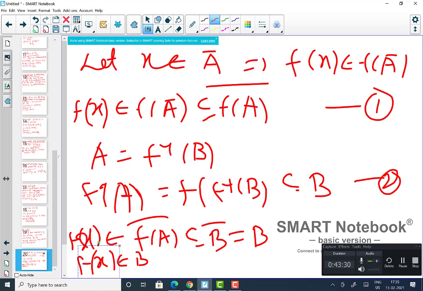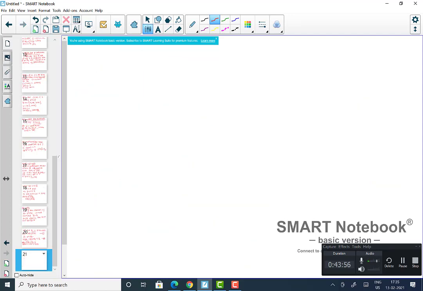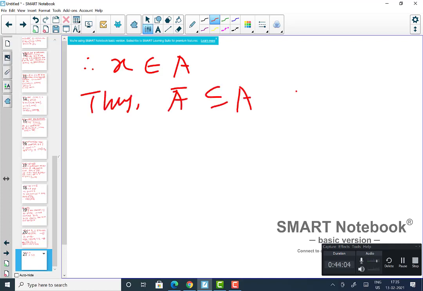Now f of X belongs to B, what does that mean? That means for every element X of the closure of A, f of X is an element of B, so X belongs to f inverse of B. But what is f inverse of B? f inverse of B equals A. So X belongs to A, and thus the closure of A is a subset of A, and hence A equals the closure of A. So A is closed.